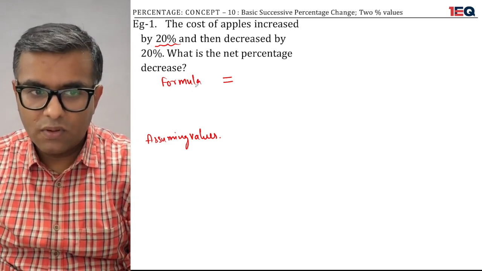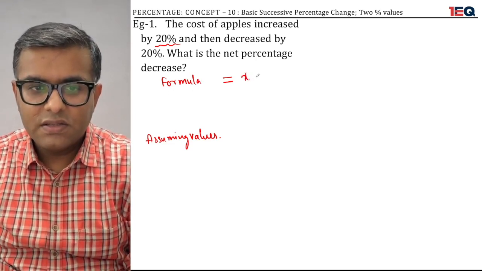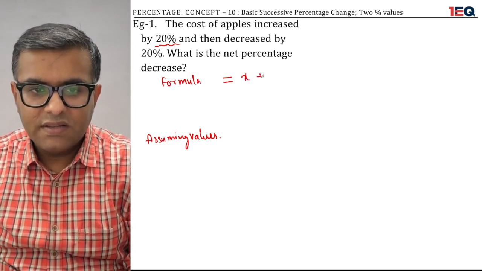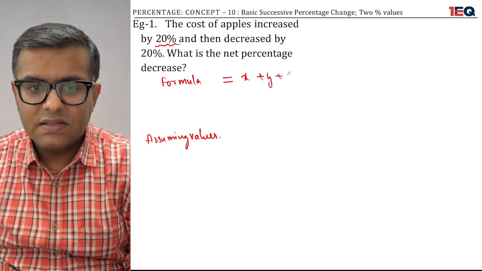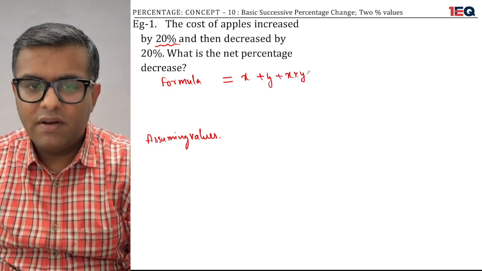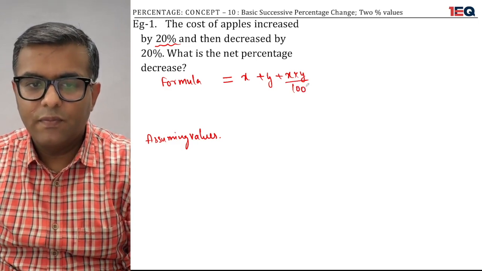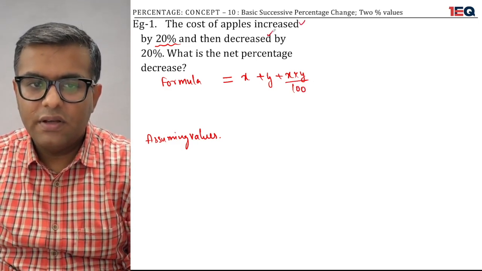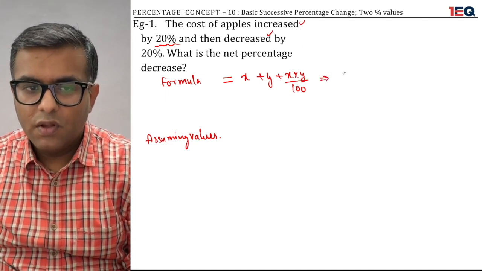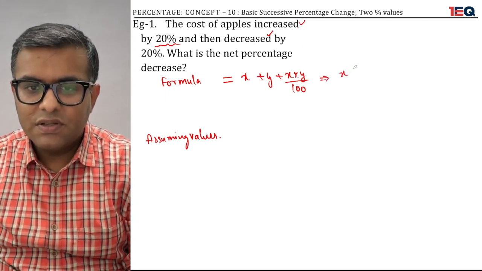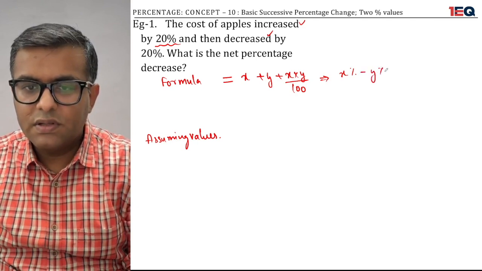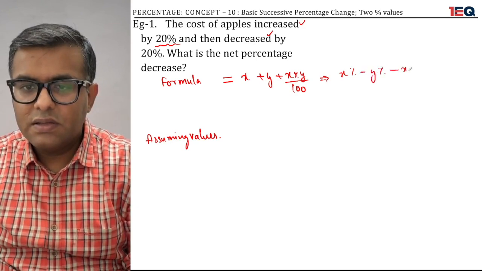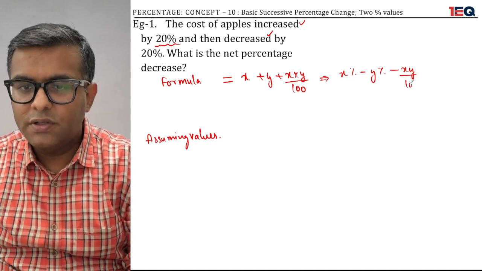Now we're going to talk about the formula. The formula here is x plus y plus x multiplied by y upon 100. I'll be focusing on the increased portion first and then on the decreased portion. It's x percentage minus y percentage minus xy upon 100.